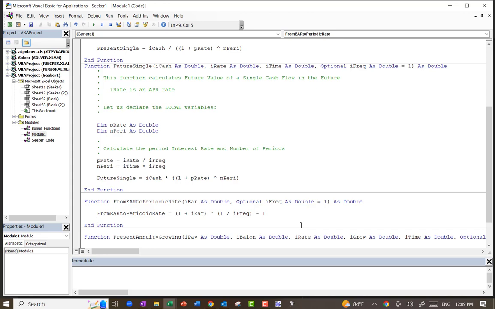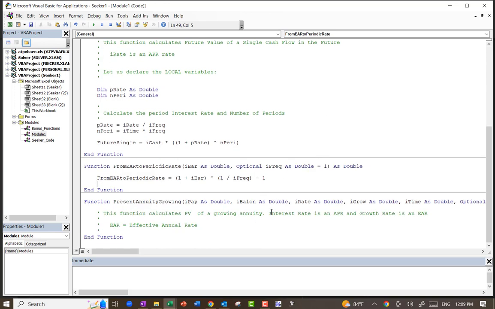All right. So there's going to be some stuff. I'm going to have pRate. Let's do our local variables as double. pGrow as double. In my mind, p stands for period.